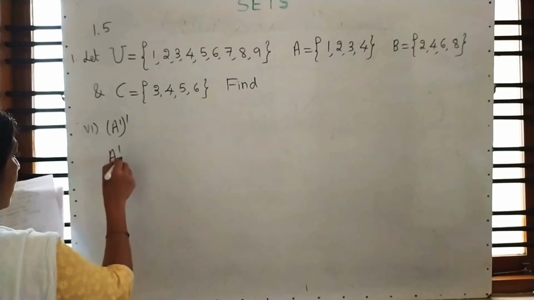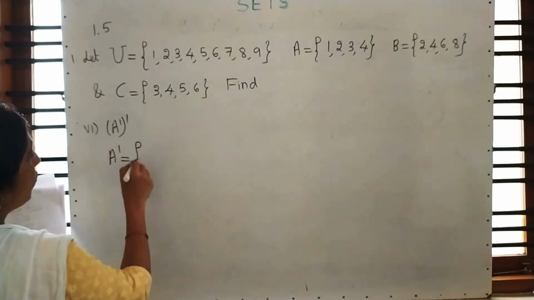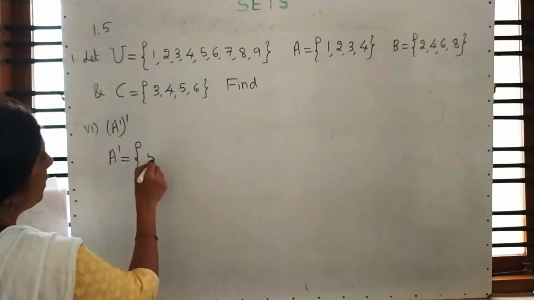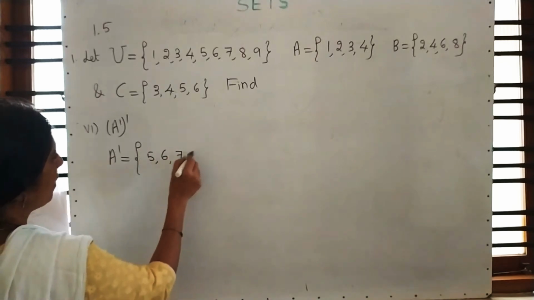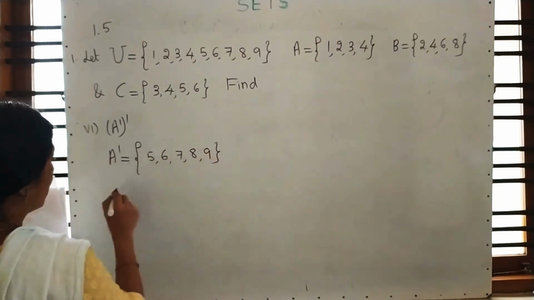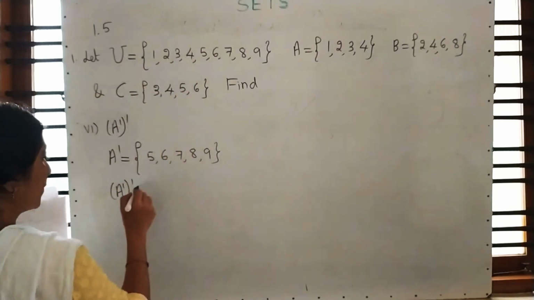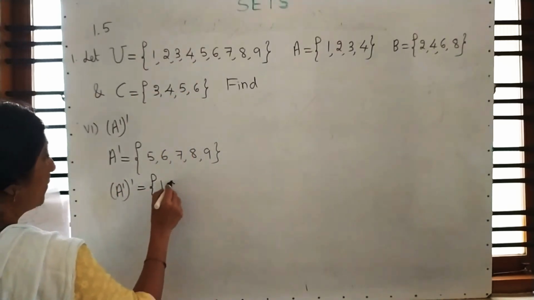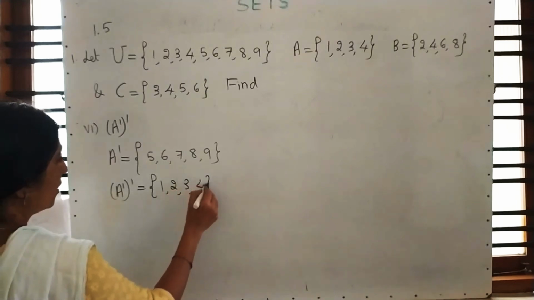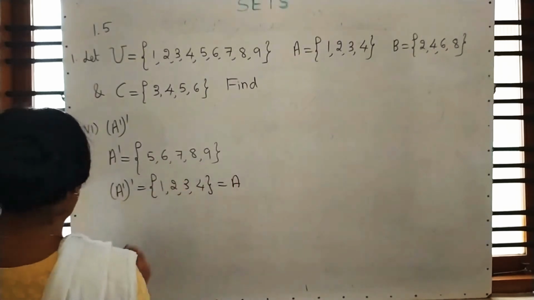For that, first write down A complement. A is 1, 2, 3, 4. Its complement is 5, 6, 7, 8, 9. Then complement of complement means don't write these elements, comparing with the universal set. The remaining elements are 1, 2, 3, 4. This is nothing but set A.